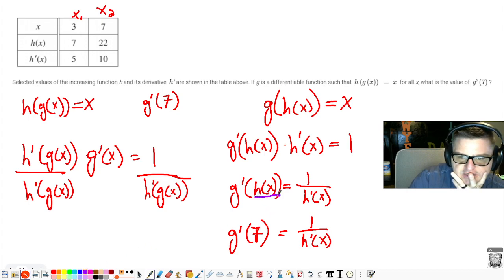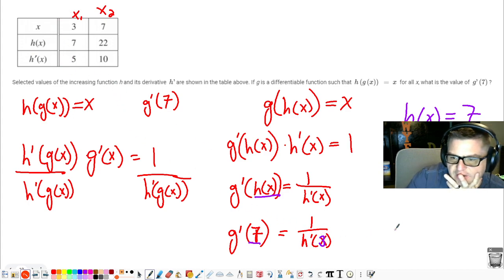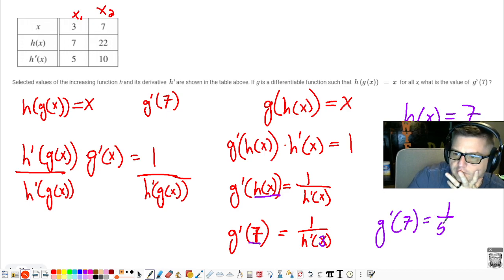If I look at this, h of x equals 7. And what value for x gives me 7? 3. So then that means this needs to be a 3. And then h prime at 3 would be 5. So g prime at 7 equals 1 over 5.